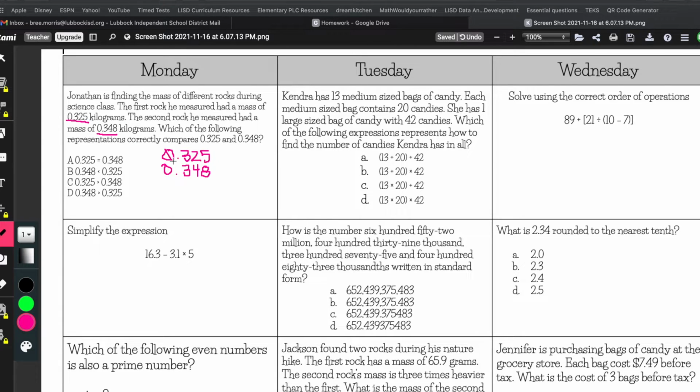Both of these are 0, so I'm going to keep moving. The tenths place, both are 3s, so I'm going to keep moving. Here's where we're different. Here's a 2 and a 4. This is the greater number. So we need to look and see. We know they're not equal. And we know that 325 thousandths is not greater.